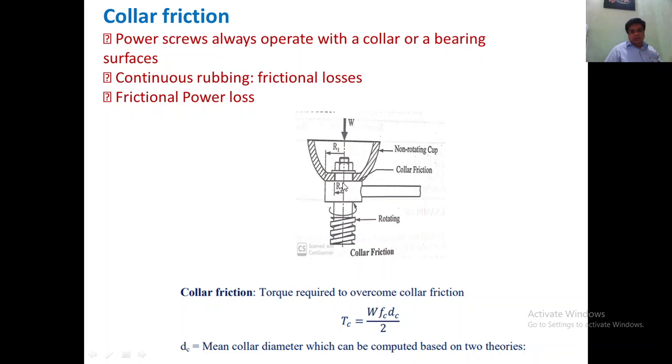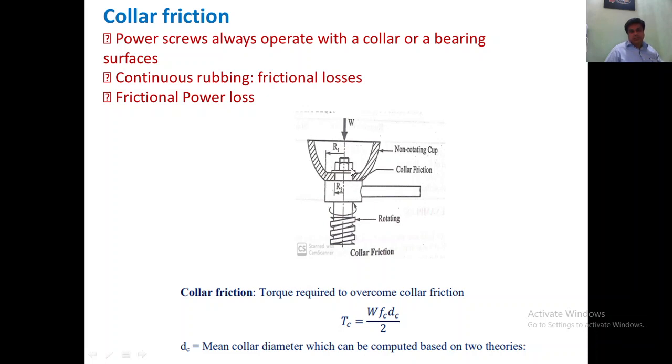At the end of the power screw we have what is called the bearing surface or collar. So this is the collar here. This is the cup, and on this cup the load will be applied. This is the example of a screw jack.